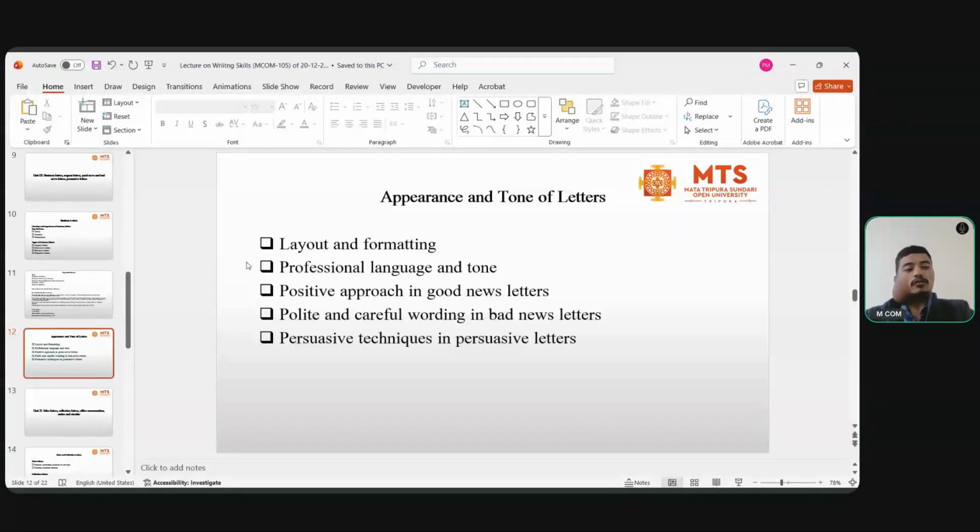A good appearance and correct tone make the message effective and respectful, and readers respond better to well-written letters. That's why appearance and tone of letters are very important. Next, let's move on to the next slides.